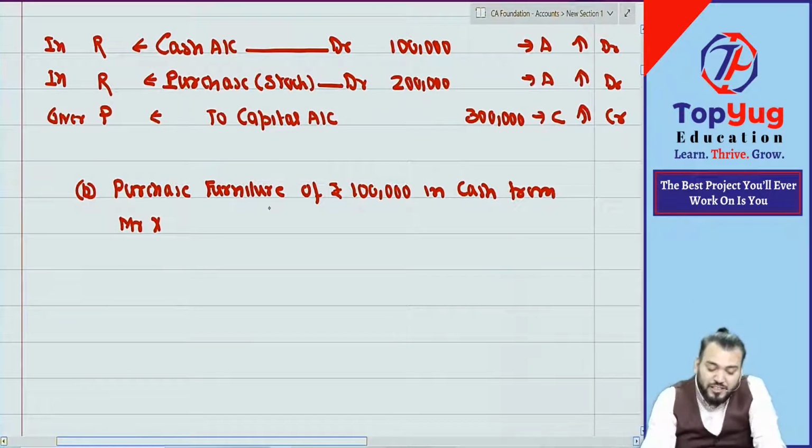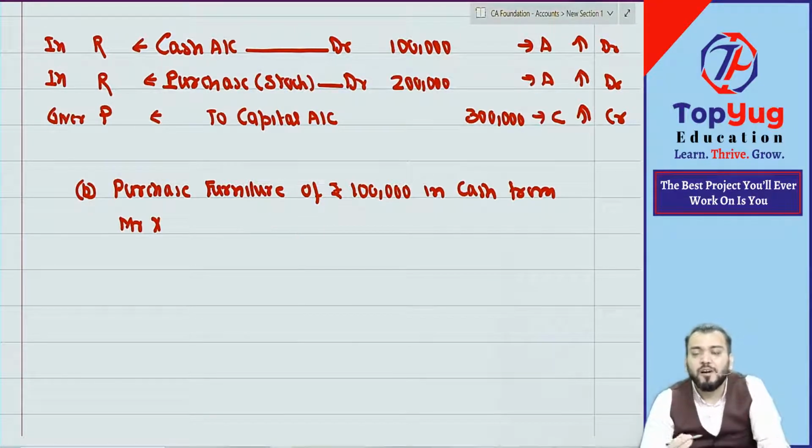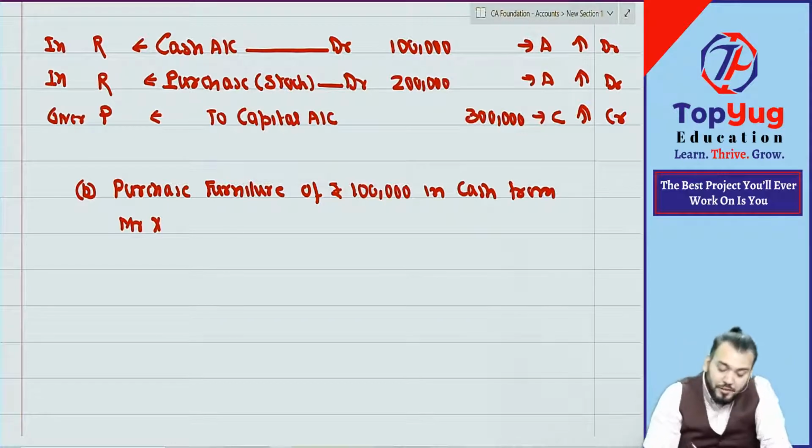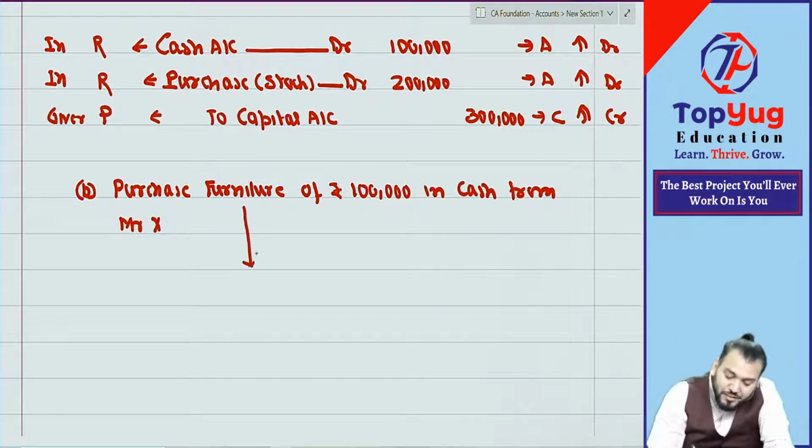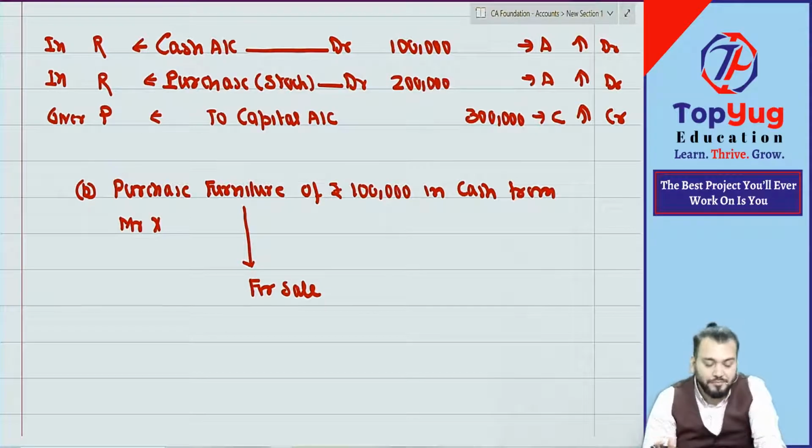Now because he is a furniture dealer, if the question is silent, this furniture will be for what purpose? Sale only. Because he is a furniture dealer and the question is silent, it is understood it is for sale. Understood?